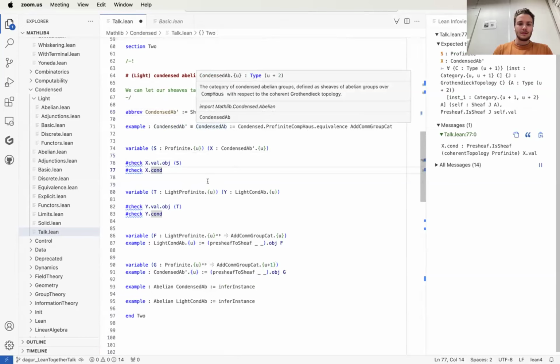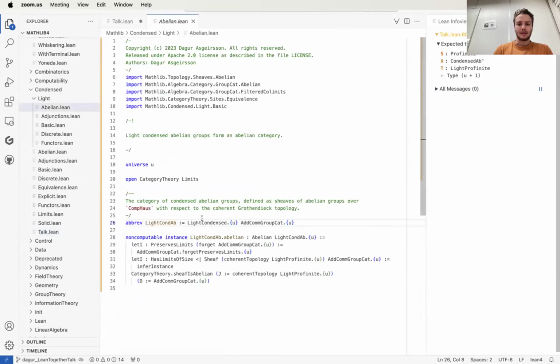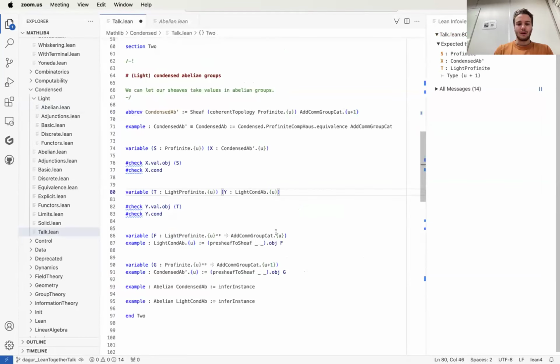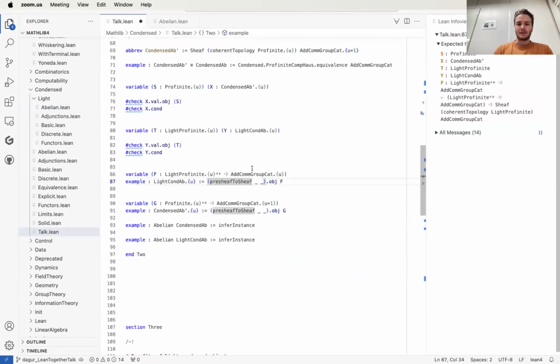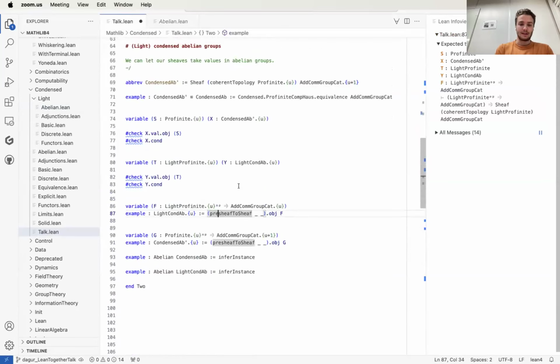And light condensed abelian groups are valued in the lower universe. If you're doing condensed, you have to bump the universe also here. Sheafification works fine because the category of abelian groups has nice properties, and these categories are abelian. We have that as well, both condensed abelian groups and light condensed abelian groups.